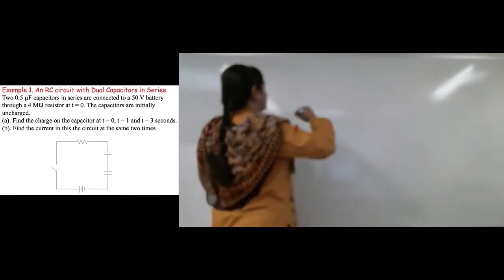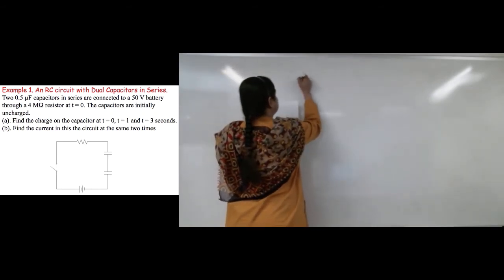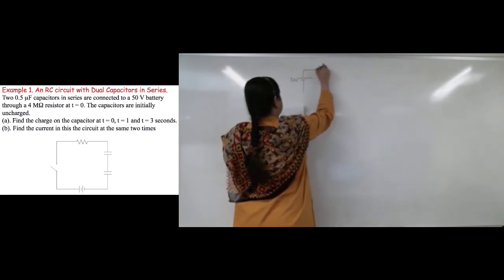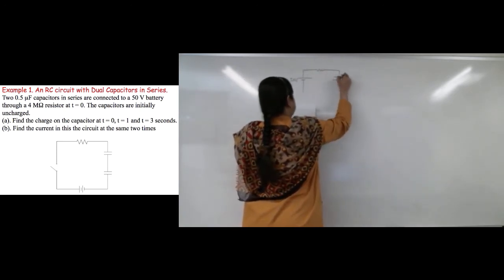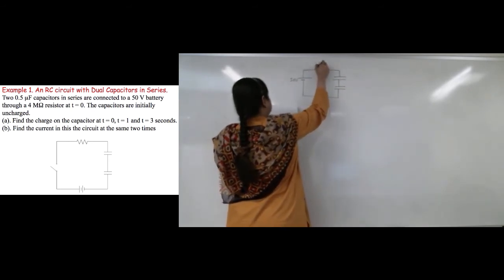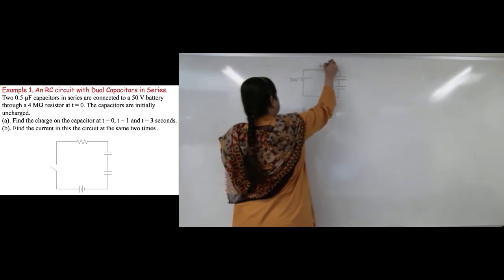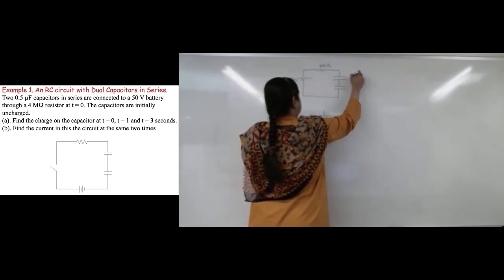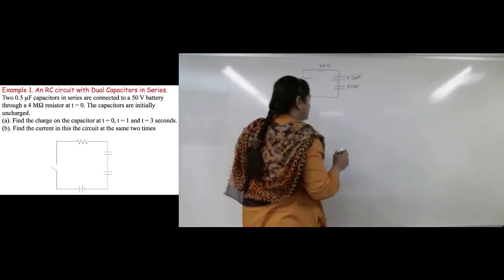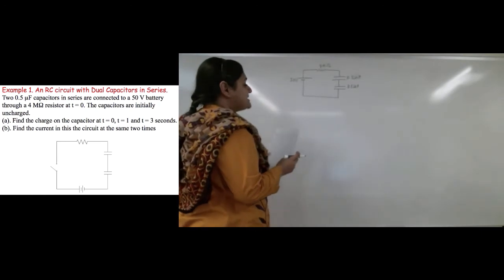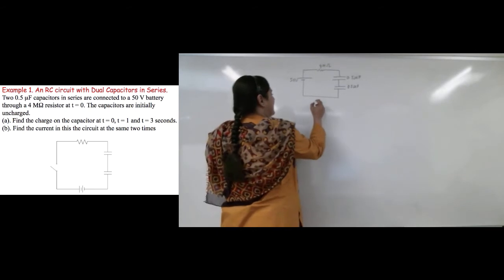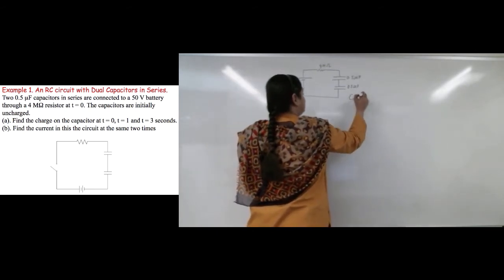So first off, I am going to draw the circuit. It says it has 50 volts EMF connected with a 4 mega ohm resistor, and it is connected to 0.5 and 0.5 microfarad capacitors. These capacitors are connected in series with each other, so I have to find the equivalent capacitance for this scenario.